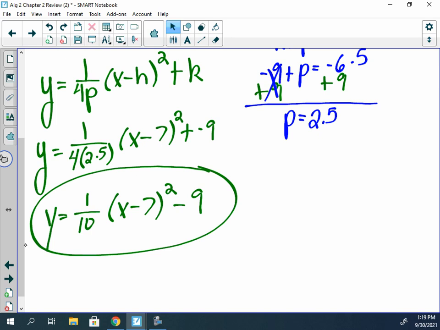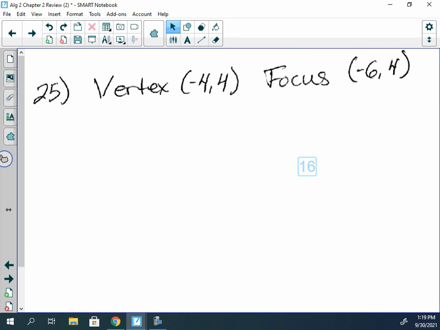Any other questions on this one here? Yes. And yeah, from the vertex to the focus, the x value changed. Because if we look at the x equals equation, from the vertex to the focus it's h and then h plus p, so we expect a change in the p value.